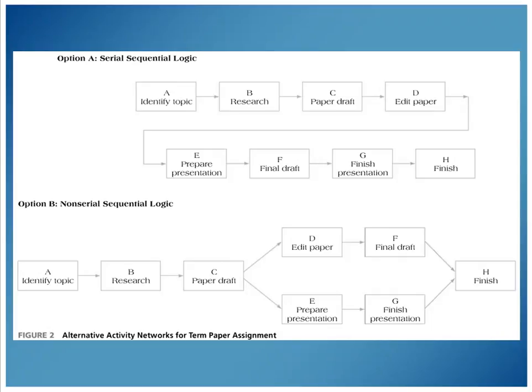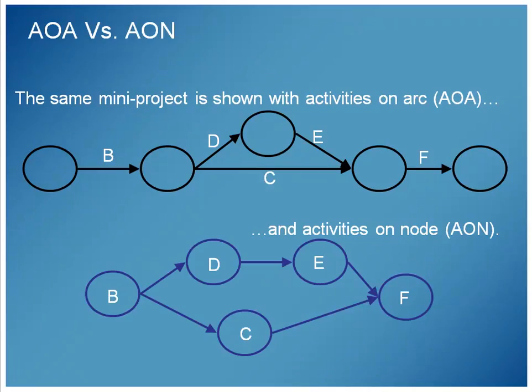You might just be using cardboard handouts or something like that. So the second drawing here, we see that there are some parallel activities, and as you might guess, it's better from a schedule standpoint, but it creates a little bit of complication. So we have to deal with this slightly more complicated approach.